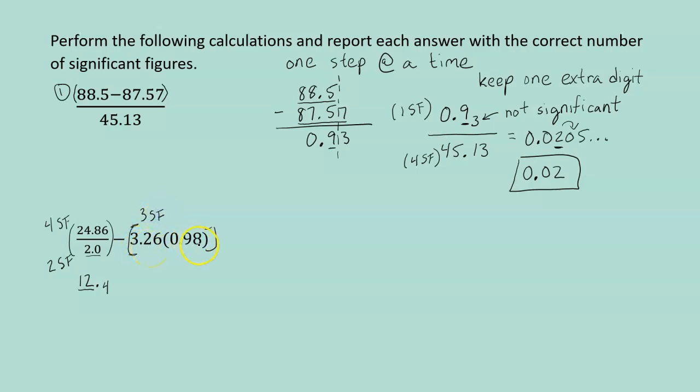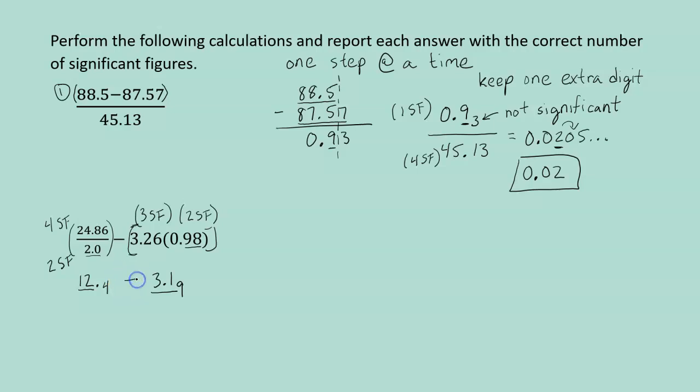And for the 0.098, remember that 0 is not significant, it's a placeholder. So we've got 3 sig figs times 2 sig figs. Our final answer for that step should have 2 sig figs, and we get back 3.1, and we're going to carry 1 extra digit to prevent round-off errors. So that's 3.19. Again, the 9 is not significant.